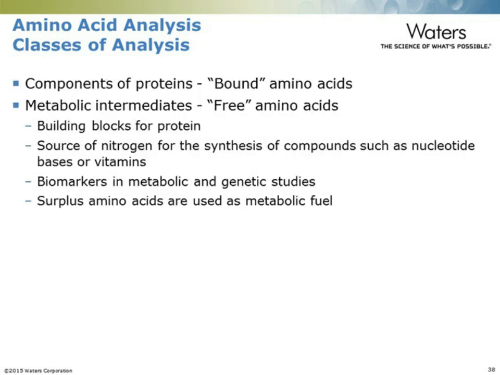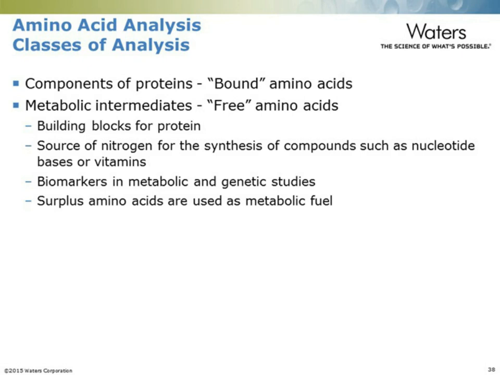Now, the examples we just looked at are all things that speak to how well we can determine the amino acid composition of a purified protein or a protein that is in a formulation. It is also interesting and important in the biopharmaceutical industry to be able to assay free amino acids.